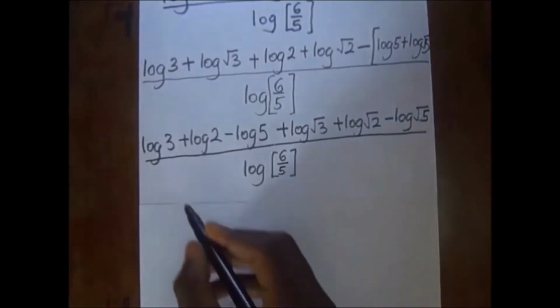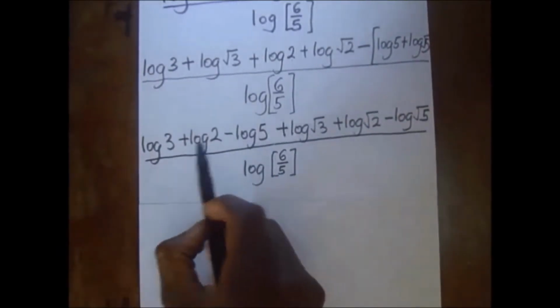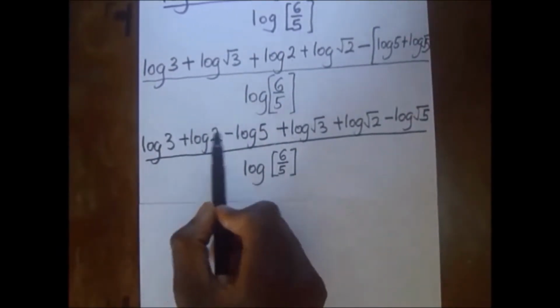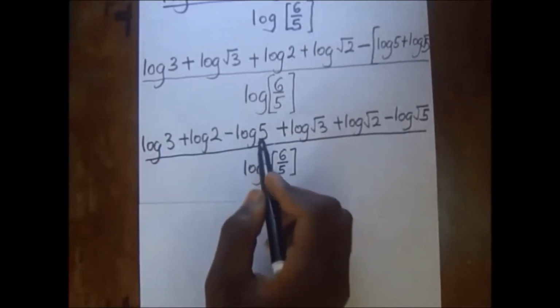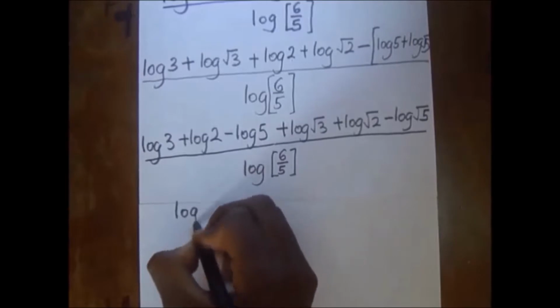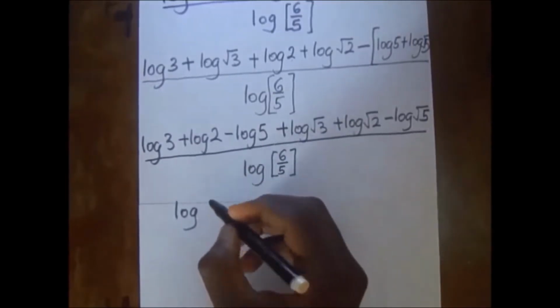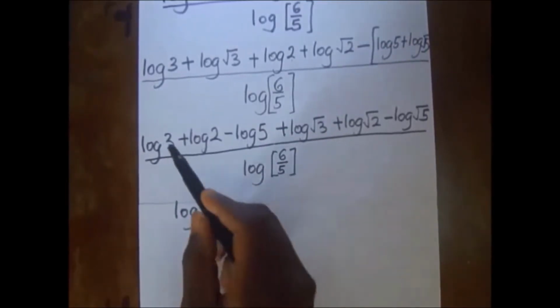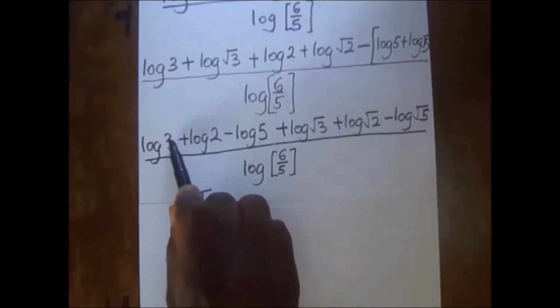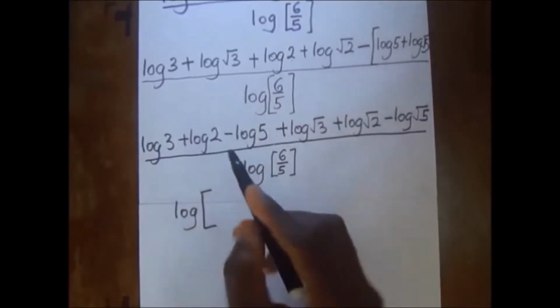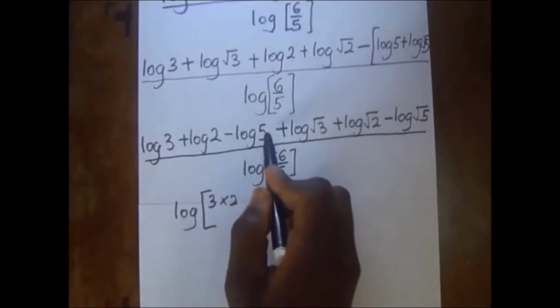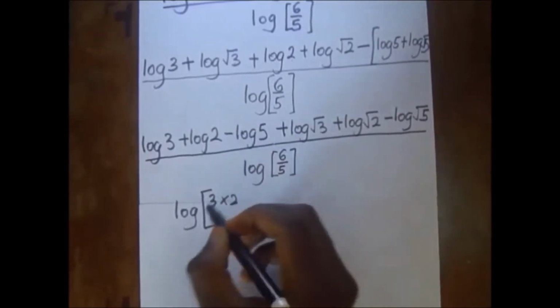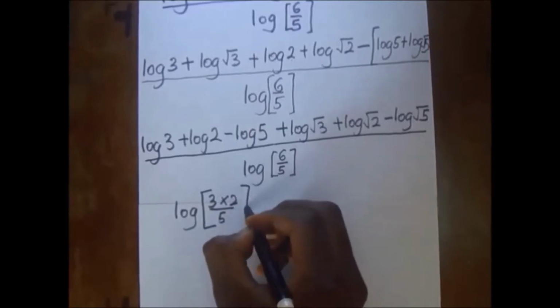So we continue. When we add and subtract, it's log base 10, log base 10, log base 10. We group it together using our laws of logarithms. Log base 10, this is going to become 3 plus 2 means it's 3 times 2, from our law of logarithms. And since this is minus log 5, it's going to be divided by 5.